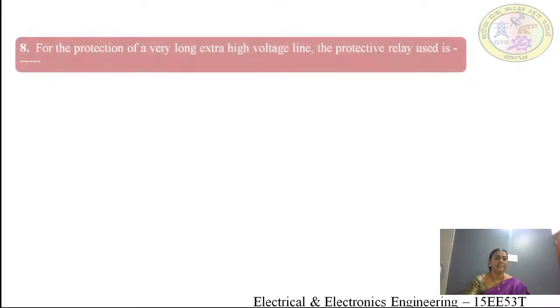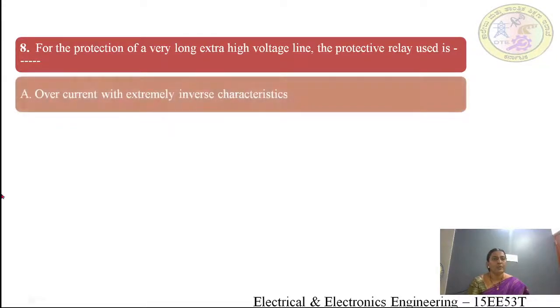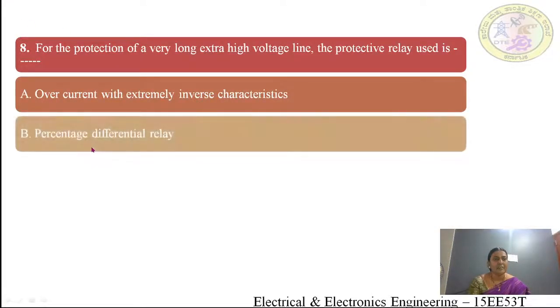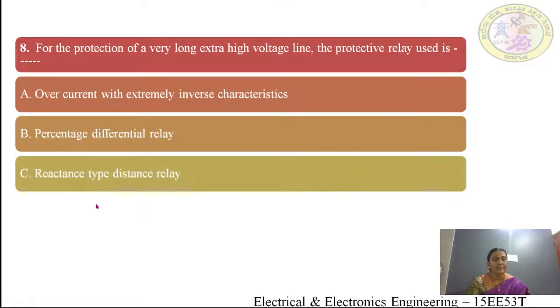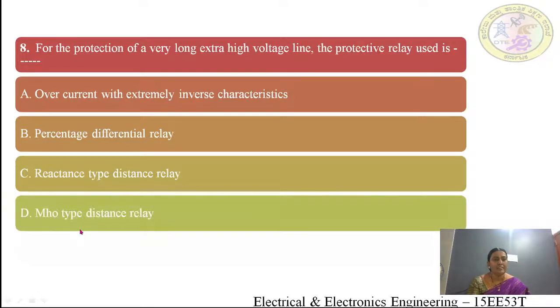Next, eighth one. For the protection of very long extra high voltage line, the protective relay used is dash: overcurrent with extremely inverse characteristics, percentage differential relay, reactance type distance relay, or Mho type distance relay.